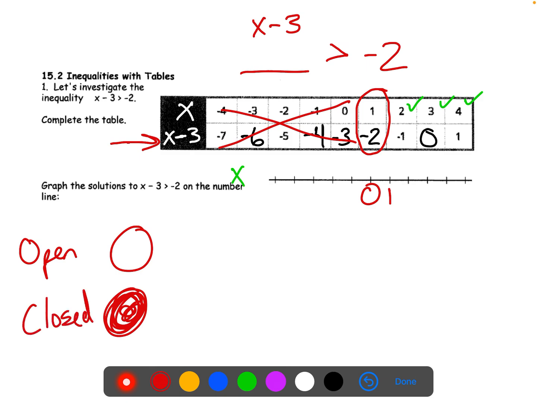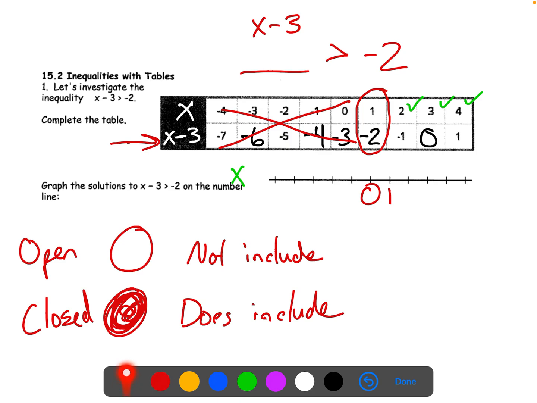We've already talked about this, and hopefully you remember, an open circle does not include the number that it's on, and a closed circle does include it. The way I remember that is I think of an open circle like building a fence around that number.